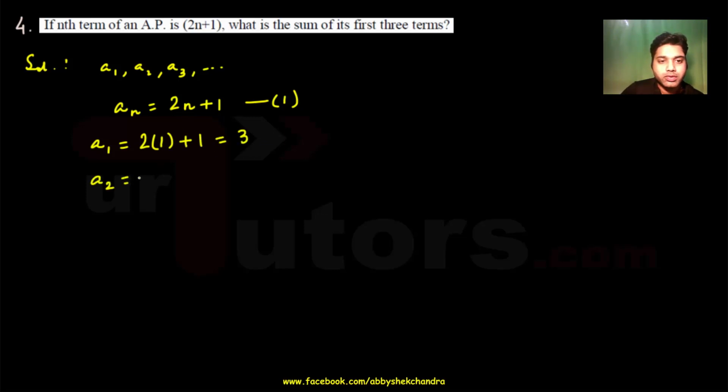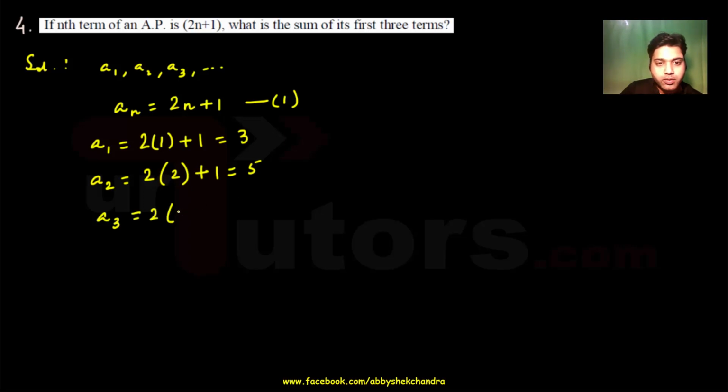What will be A2? Put n equal to 2 in 2n plus 1, so this will be 5. A3 you can write directly because this is an AP. The first term is 3, the second term is 5, the third term will be 7.